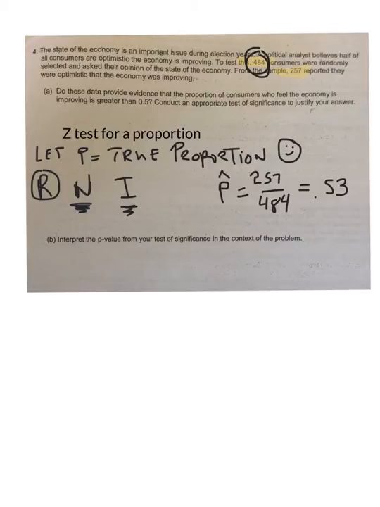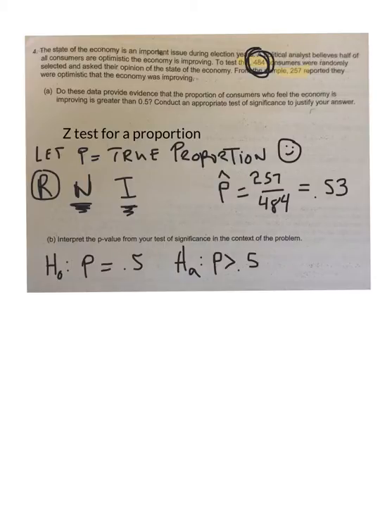We're going to assume that there's over 4,840 people in this population that we're sampling. We could also say that one person's opinion of the economy has no effect on any other person's opinion. Okay. Now, let's do the math part.